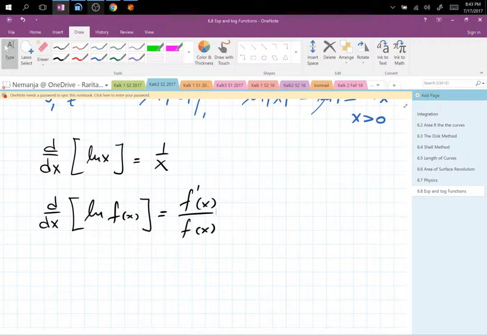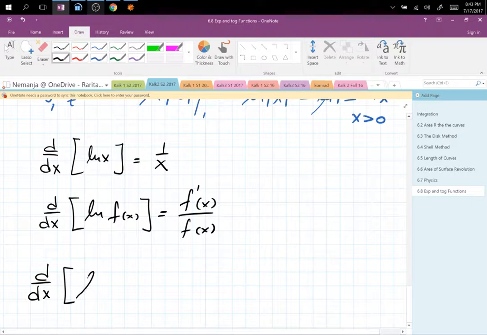But wait, we can have any base, right? So what's the major formula? Log of any base of a function.